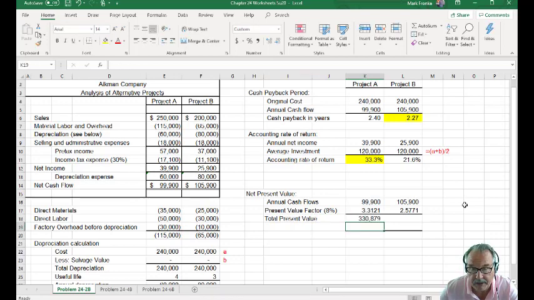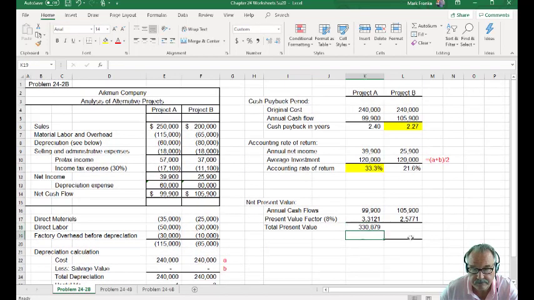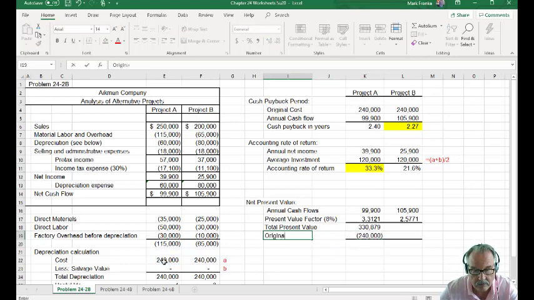if we multiply it out and then subtract the original cost, that will give us the net present value.